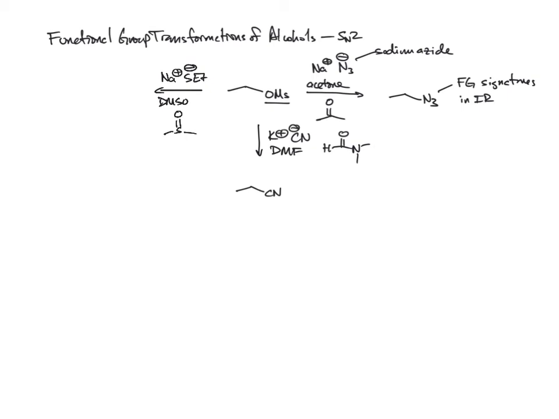Again, these are good solvents for SN2. The ethanethiolate would be the nucleophile, so we would end up with this compound, which is a sulfide or a thioether, which we'll learn about in Module 1 as well. This compound might be a little tricky to use IR for, so maybe we'll use mass spec. Sulfur has a unique signature in mass spec, so you want to review that as well in the parent ion region.